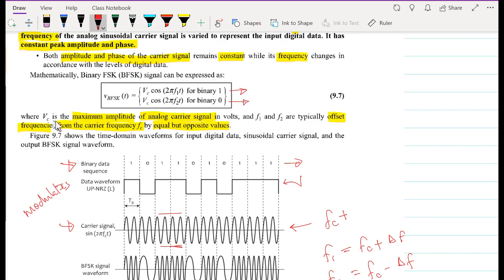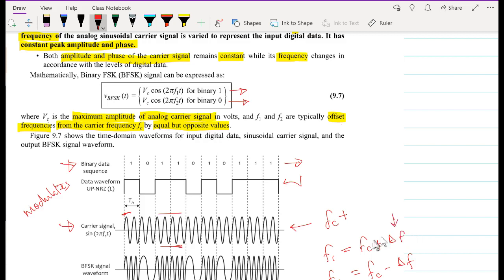We say that VC is the maximum amplitude of the carrier, and it remains constant through the entire period of transmission or modulation, whereas F1 and F2 are typically offset frequencies from the carrier frequency, separated from each other by opposite values.